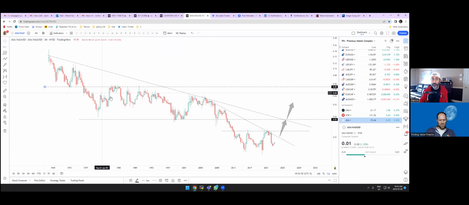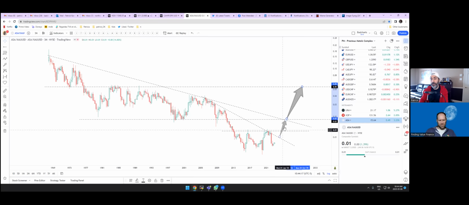But if it cannot do it, then it's creating a new channel. And if it breaks below that channel, it could be creating a new paradigm of relationship between the metal and the miners. Until, let's say, it proves it can close above this line here, then you could start imagining your miners getting to a better ratio versus gold, but they're not there yet. This move here has not been enacted.